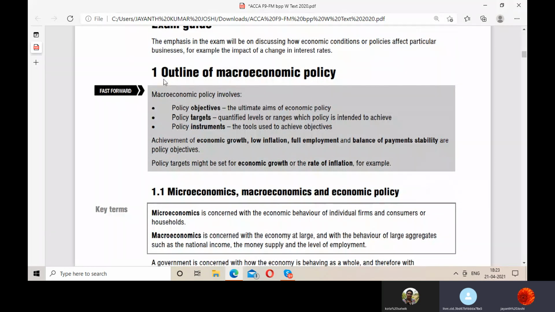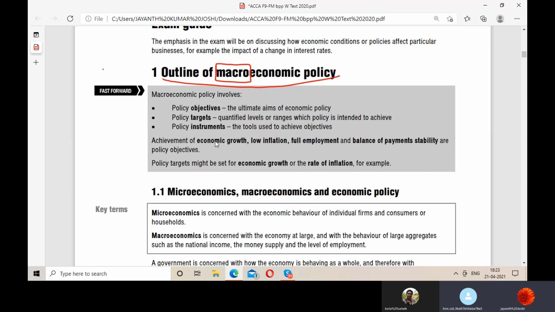So, the outline of macroeconomic policy. I think you are not new to this word, macroeconomic. Macroeconomics deals with the entire nation. It understands the achievements as well as the problems which a nation encounters. Now, macroeconomic policy involves what?